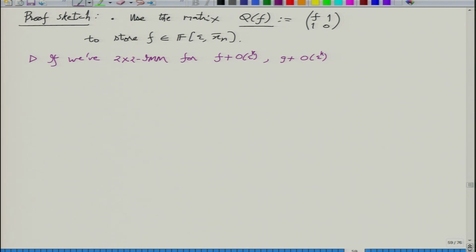So some precision, epsilon to the k. If you have these two expressions, then we have IMM to add. Okay, so we can add f and g up to the same precision.